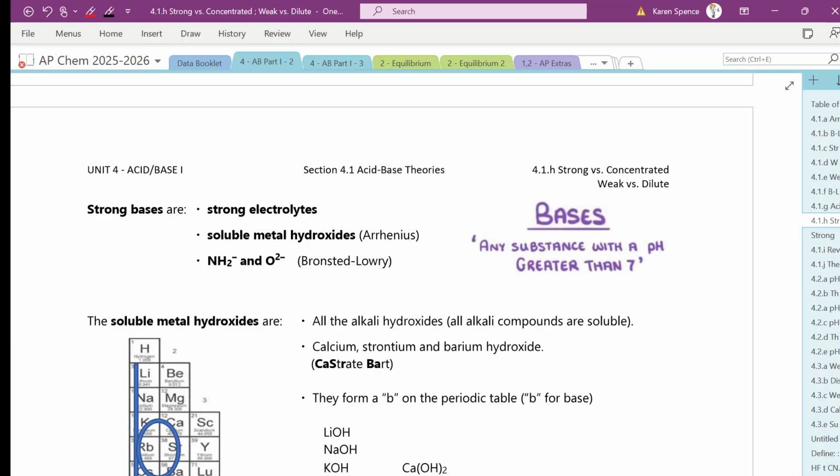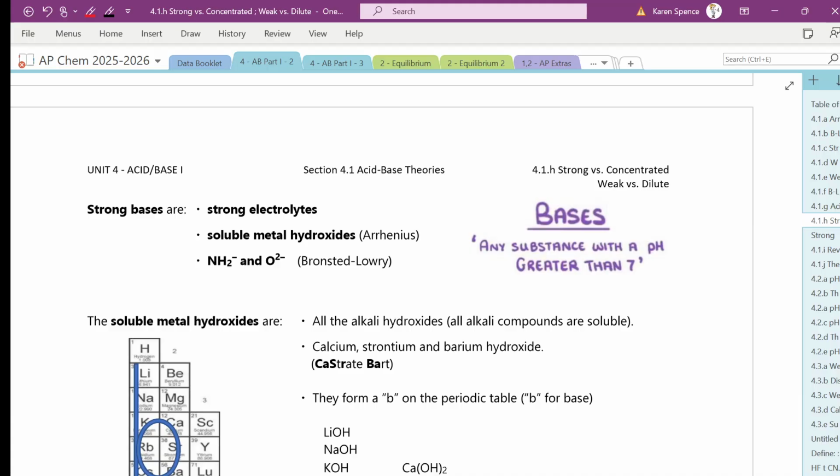Strong bases. Who are most of our strong bases? Alkali metal hydroxides, yes.